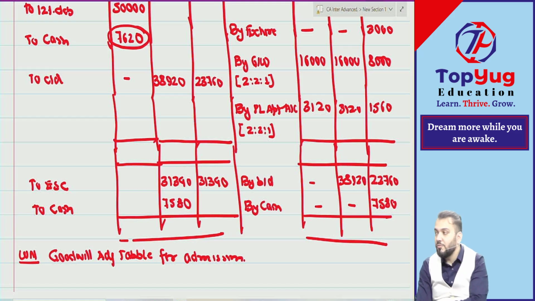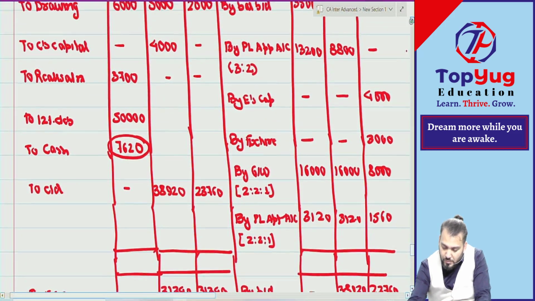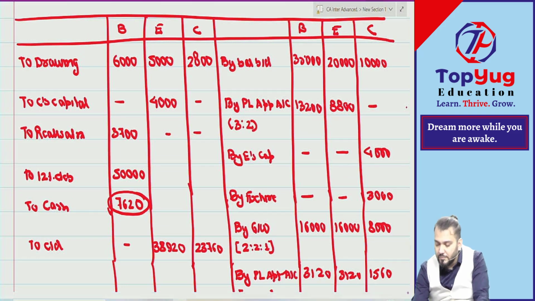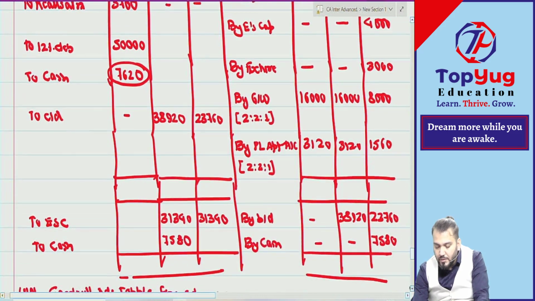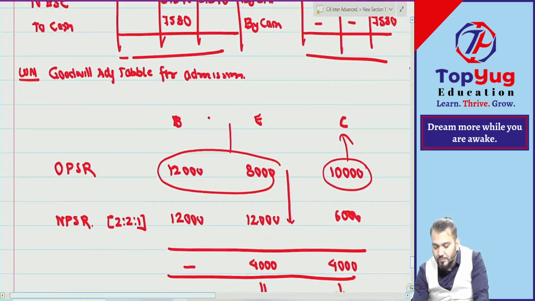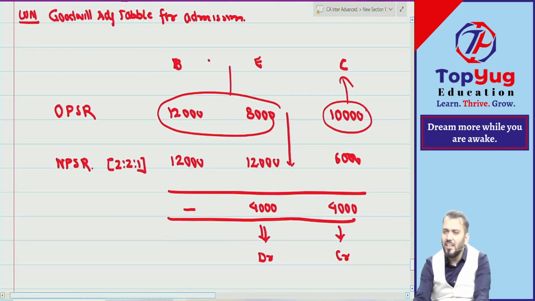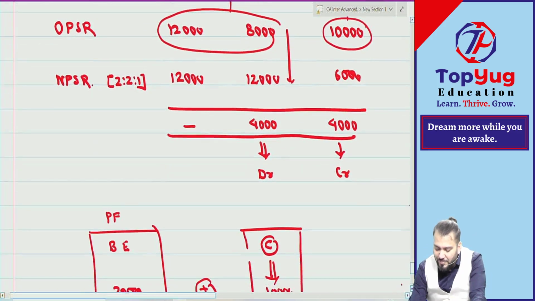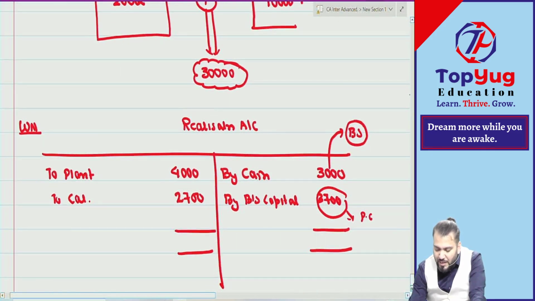Have you understood what I have done? Understood. Now once this is done, whatever they have asked is very simple. They have asked for the P&L appropriation account. Already we have done it. So let us prepare the P&L appropriation account.